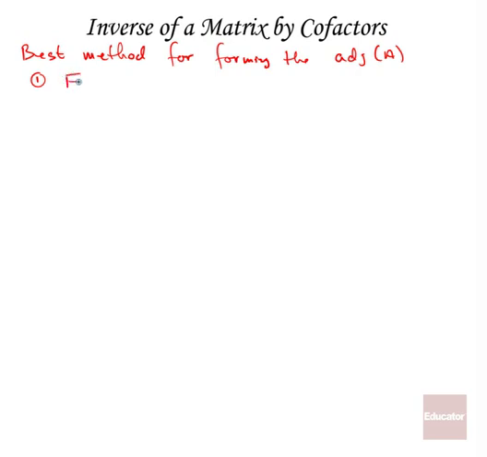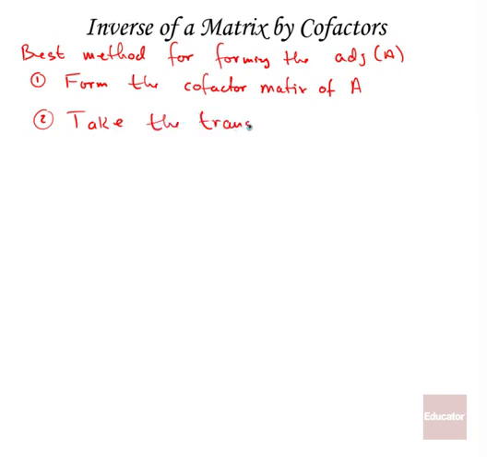One, form the cofactor matrix of A, in other words, the matrix of the cofactors of A. It'll make sense when we do an example. Then just take the transpose. That's the best way to do it. Instead of trying to do each entry and remember where it goes, just do it for the matrix straight and then flip it along the main diagonal. Okay, let's do an example.